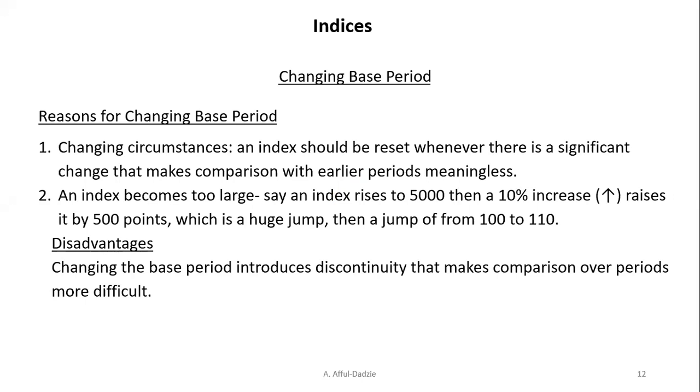So for instance, if you have an index that has grown so big to 5,000, and you have a 10 percentage point increase, you're going to have 5,010. But if you have an index that has grown to 10,000, you have 10,010.